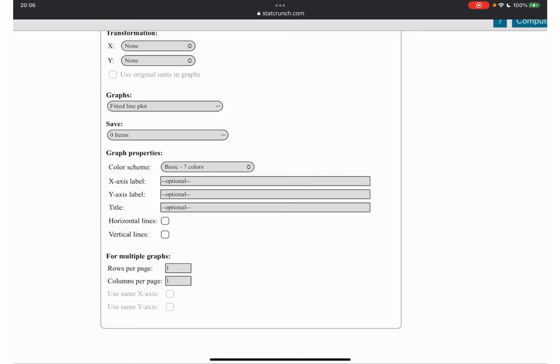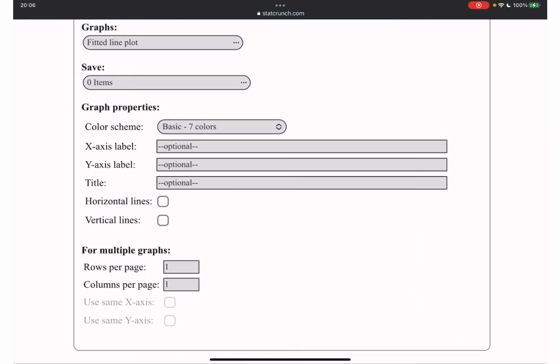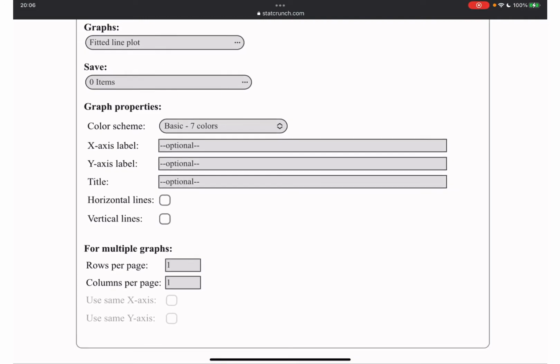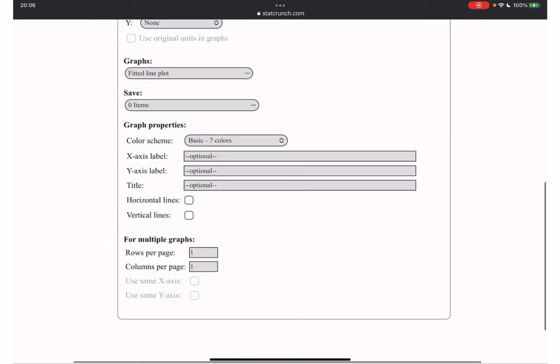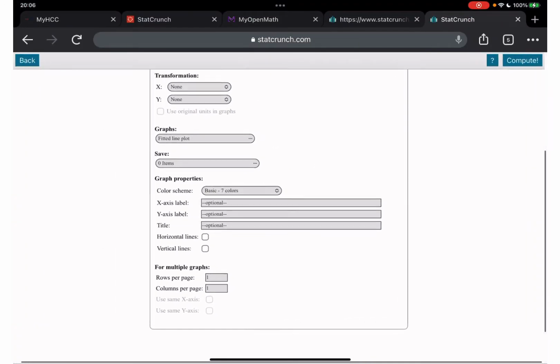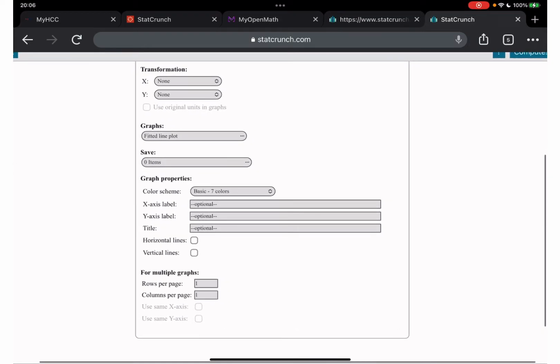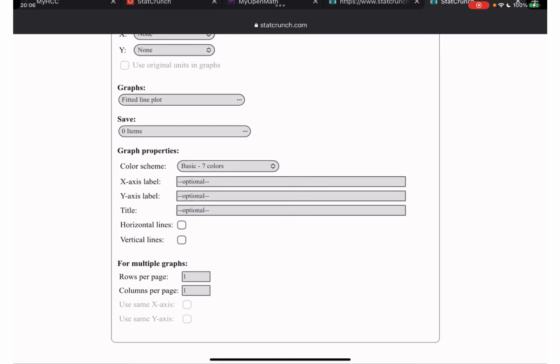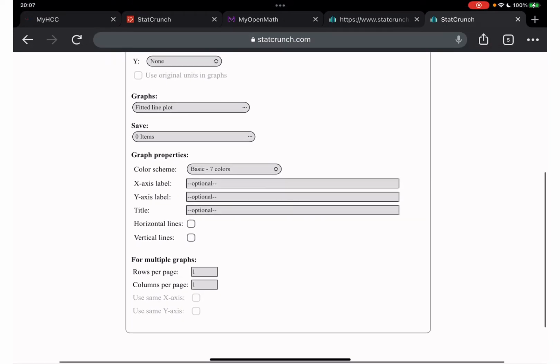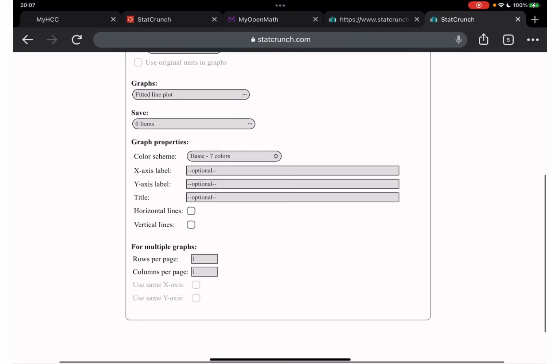Give me 1 second. Yeah, graphs. Okay, after graph, it should be save. I don't see it here. You should be able to see it on your StatCrunch on your desktop.